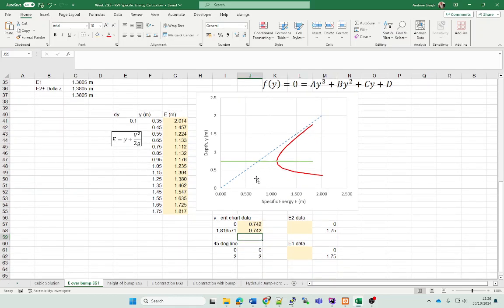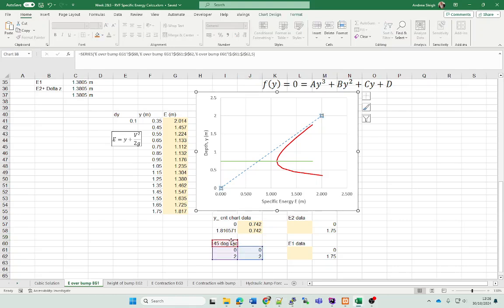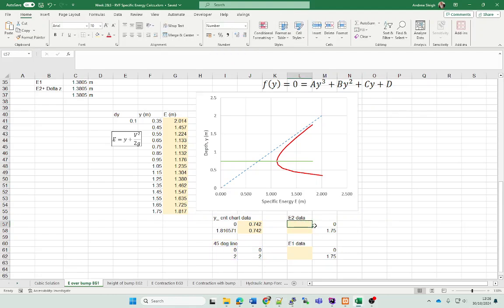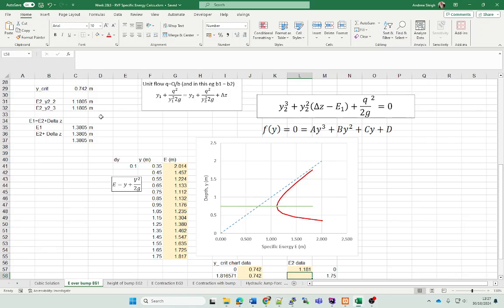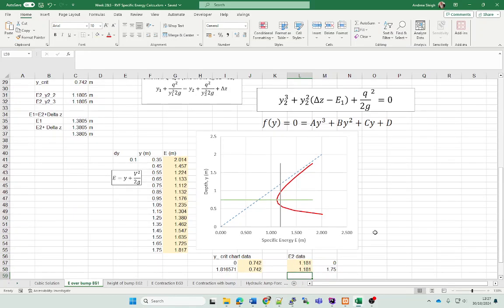While we're looking at this data down here, we click on that blue line, and we see that 45-degree line is drawn there. Right, we want to put in the energy calculations that we solved. E2, remember we calculated E2 earlier, and E2 was 1.185805, so it's equal to there. And we want again the same value, so we put that in there and it draws a line there. So what's that saying?